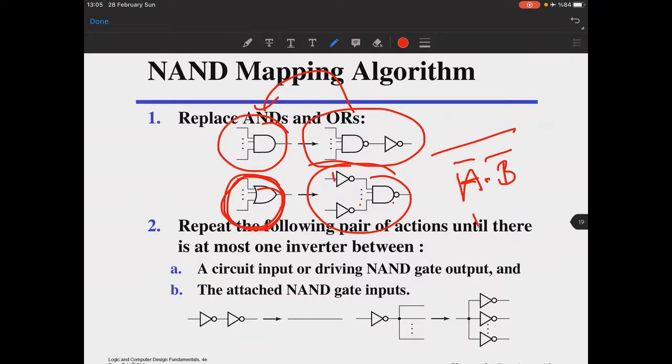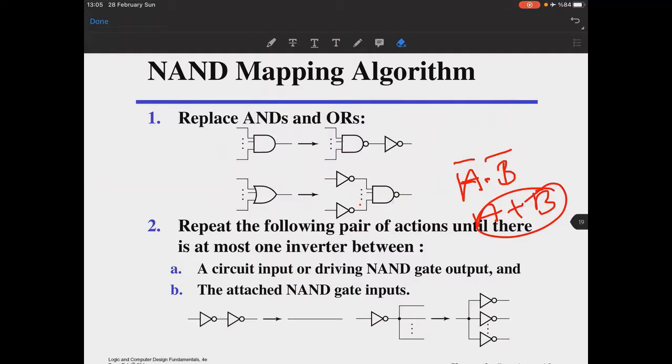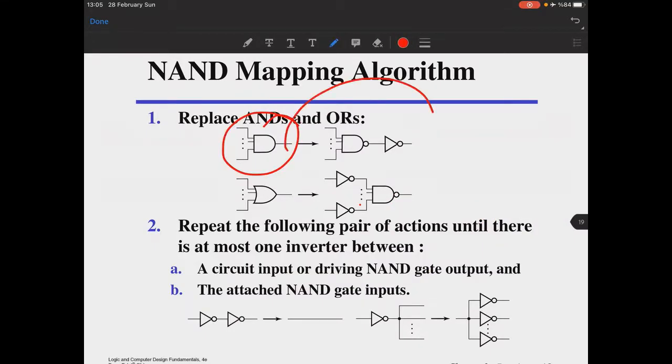What should it be when you do the operation? A plus B, right? So the original one. That's why you implement them like this. It's pretty straightforward. Whenever we see this OR, we will replace it with inverters followed by a NAND. Whenever we see AND, we will replace it with a NAND followed by an inverter.